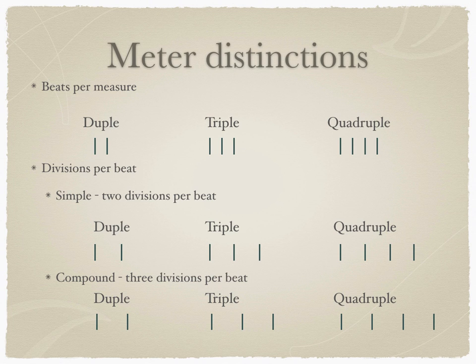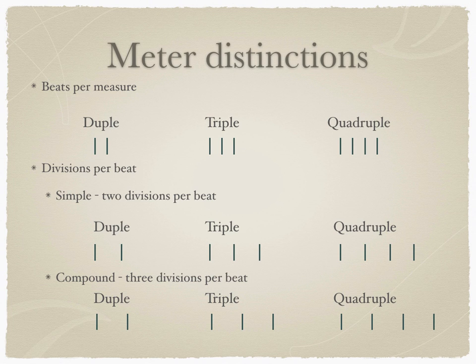Meters are distinguished in 2 ways. First of all, by the number of beats in each measure. If a measure has 2 beats, it's called duple. If it has 3 beats, it's called triple. And if it has 4 beats per measure, it's called quadruple. The second distinction is the division per beat.